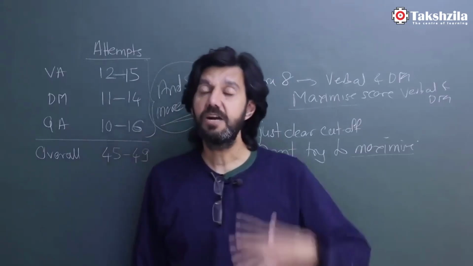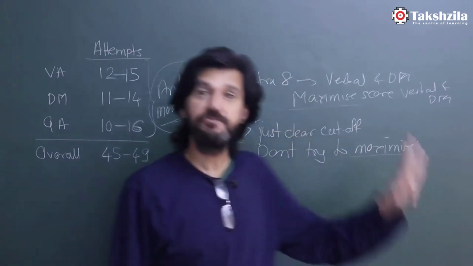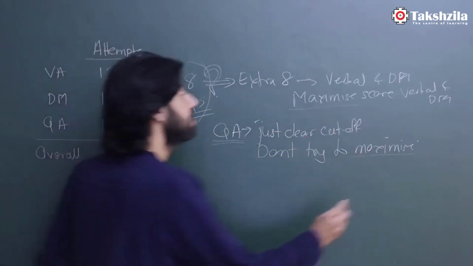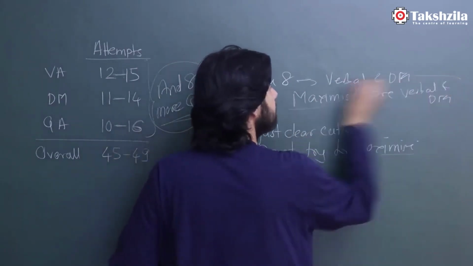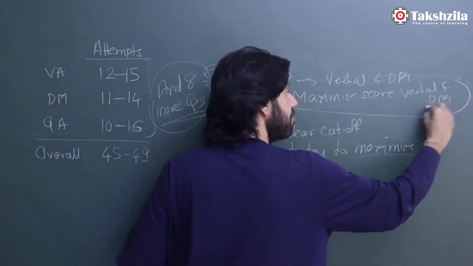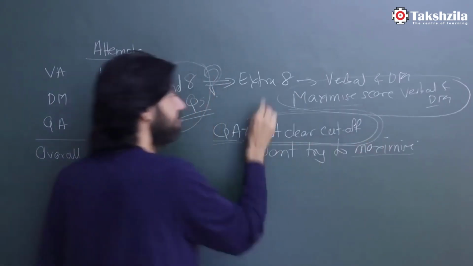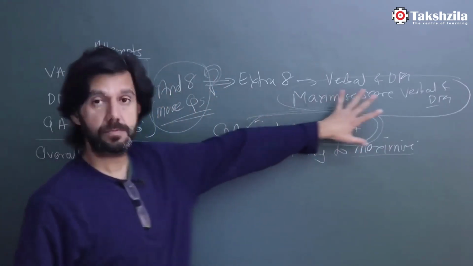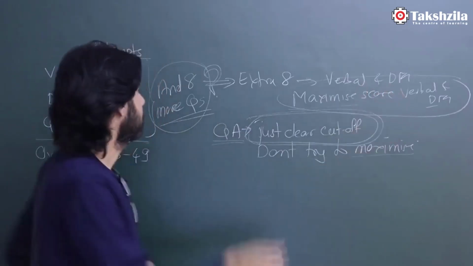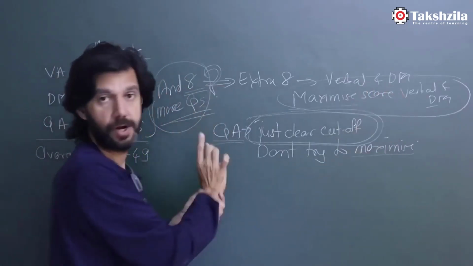And that fullest advantage for everyone, students, is to try to maximize the score, spend more time here, and in QA just clear the cutoff, even if QA is your strength. So this is how I would look at it overall.